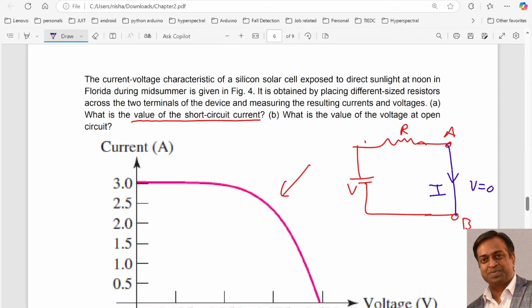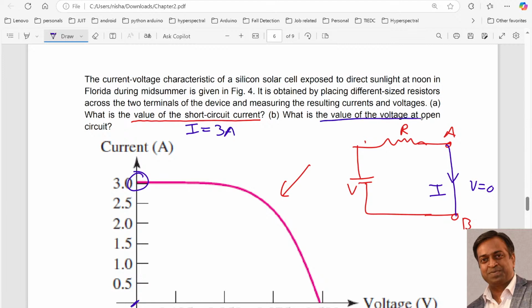From the graph we will check the location where the voltage is zero, and corresponding to this we determine the current, which is 3. So the value of short circuit current is 3 ampere.